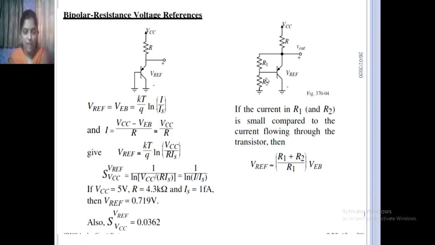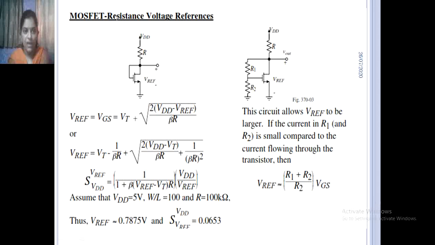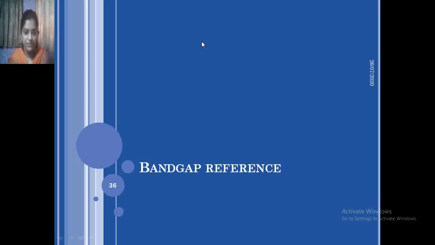Then using the bipolar transistor we have seen the voltage references. Next, using the MOSFET, one can set the voltage references. Then we have seen the bandgap references.